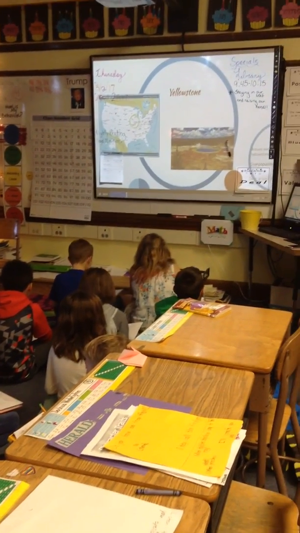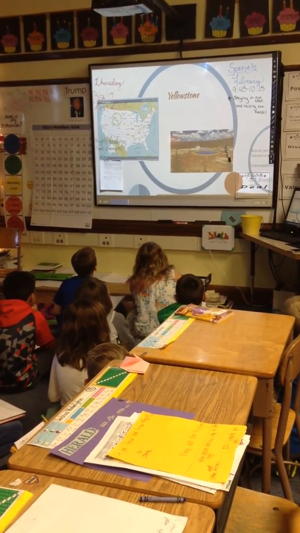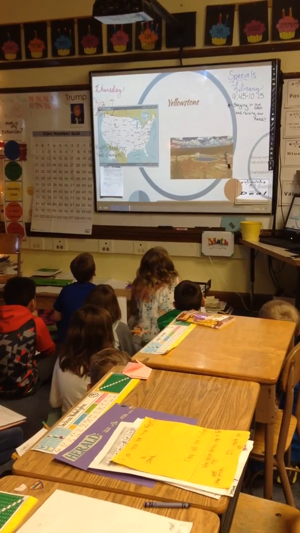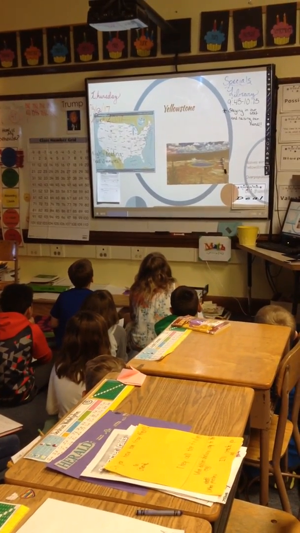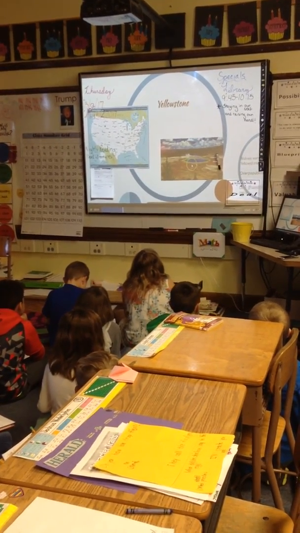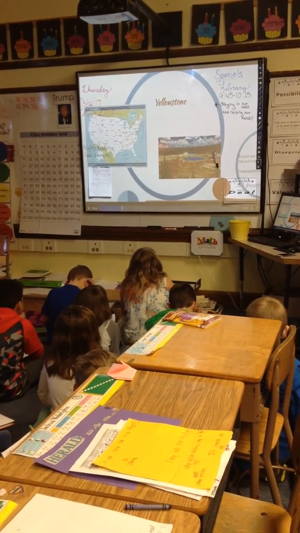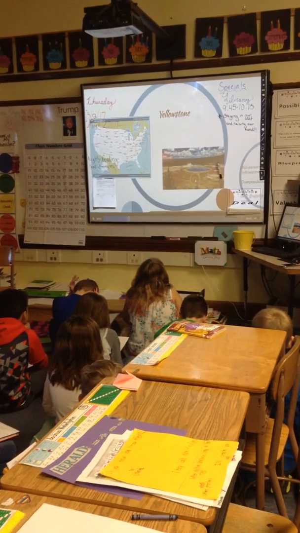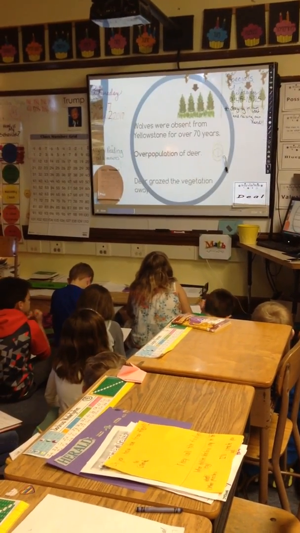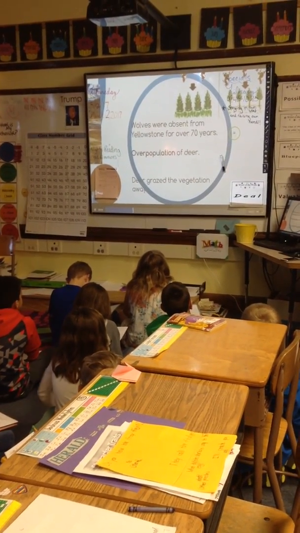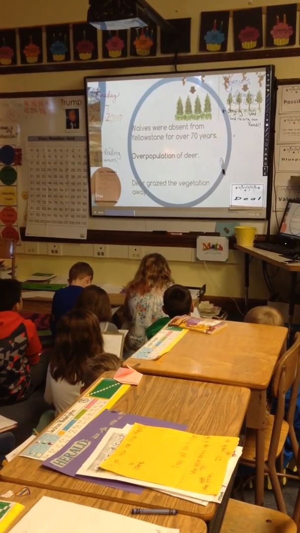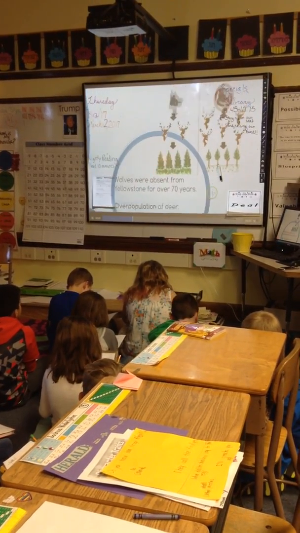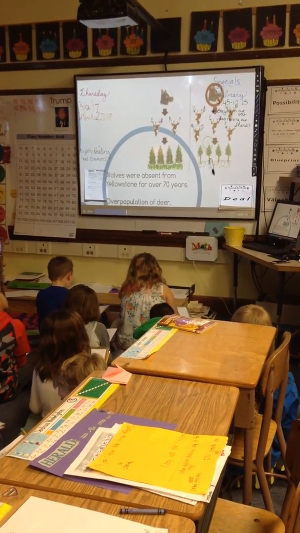So you see Quincy is about here on our map, and Yellowstone is northwest of us, hundreds of miles. Yellowstone is known for its wildlife, its vegetation, some hot springs like you see here. So wolves were absent from Yellowstone for over 70 years, and this caused an overpopulation of deer.